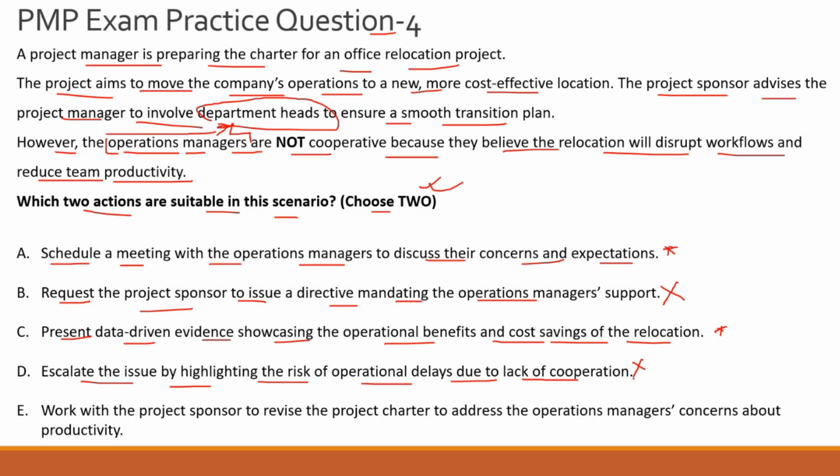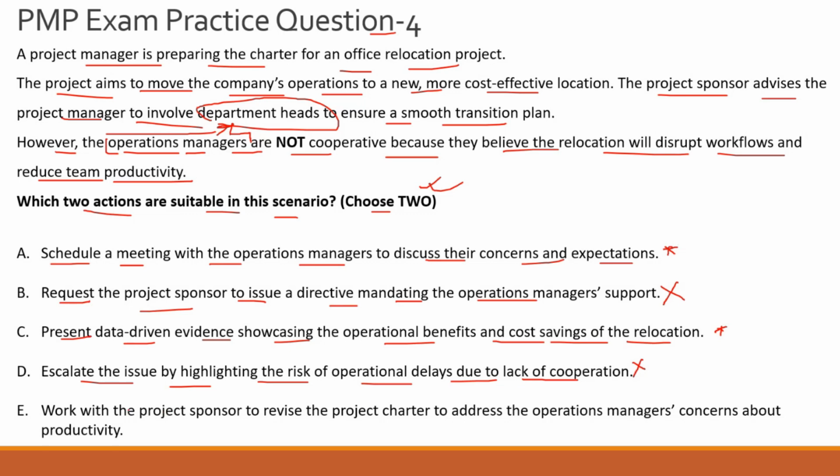Escalation means that you are sending a signal to your leadership that this is not getting managed by you, that it's out of your hands, and you are asking your bosses to manage the situation. So generally escalation options are incorrect, unless there is some serious concern, which is, let's say, legal or quality or compliance, or those kinds of instances where escalation might make sense. However, here of course escalation is not the first path of choice.